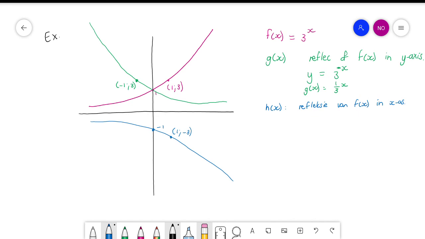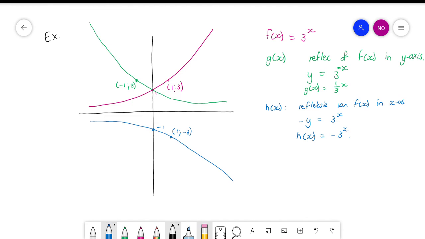Okay. That's the original equation, eh? There is the equation of f of x. So what we do when we reflect it in the x-axis is we just make the y value negative. But we never want something with the y on the left-hand side. So I'm going to multiply by -1 all the way through. And then I'm left with h of x is equal to -3^x.